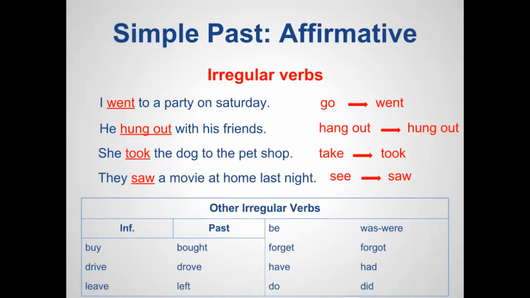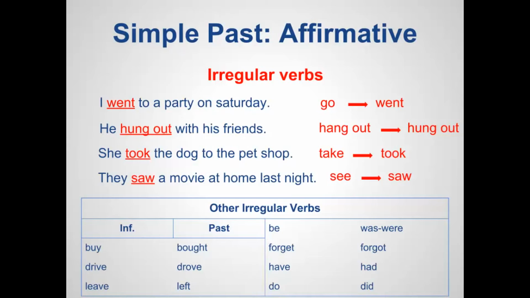The verb buy in the past becomes bought, drive, drove, leave, left, be was were, forget, forgot, have, had, do, did. So those are some more examples of irregular verbs in the past.